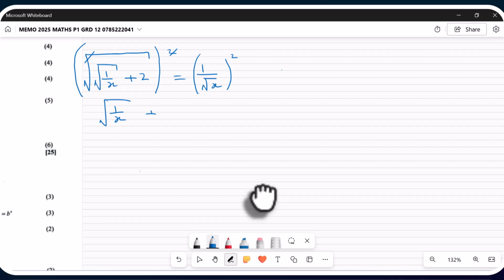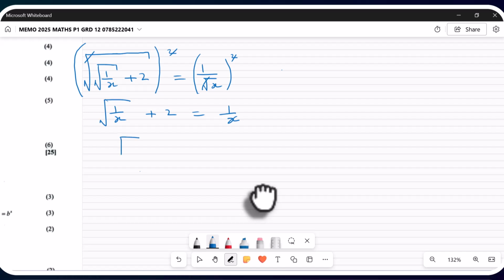But I have another square root, so before I square, I make sure that the term containing the root is alone on one side of the equation. The constant must come to this side, so I say 1 over x minus 2. Now I can go ahead and square because I have only this root here.